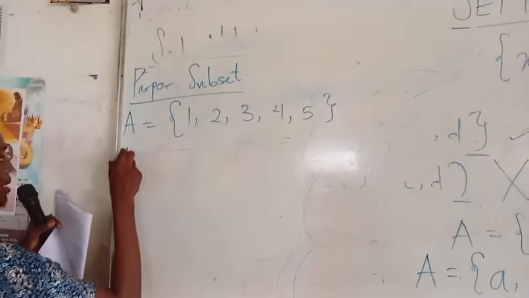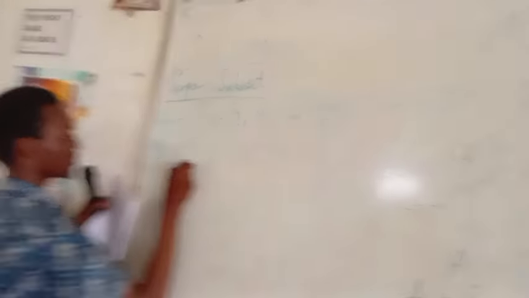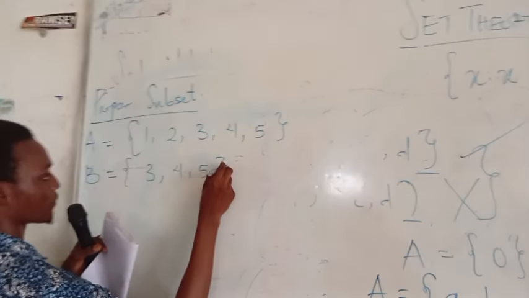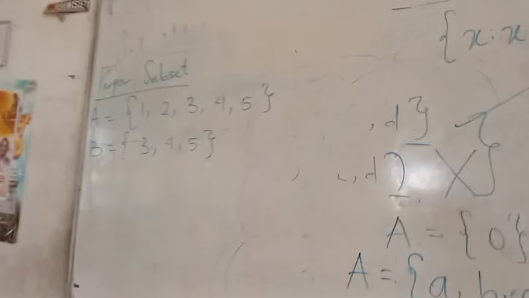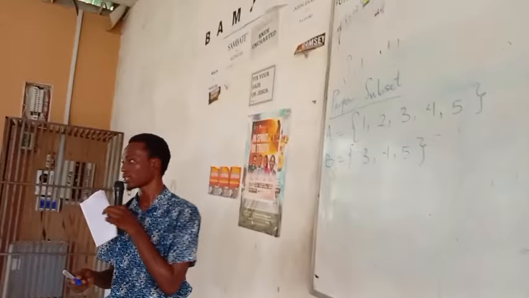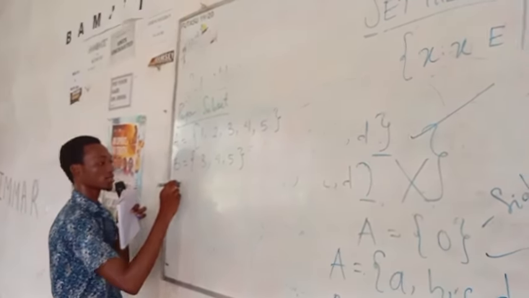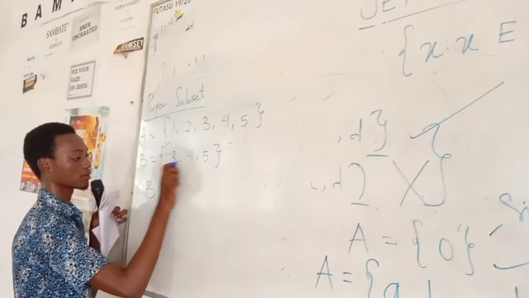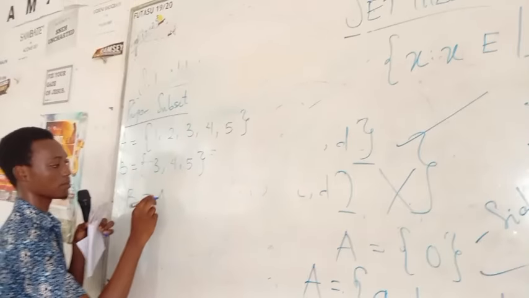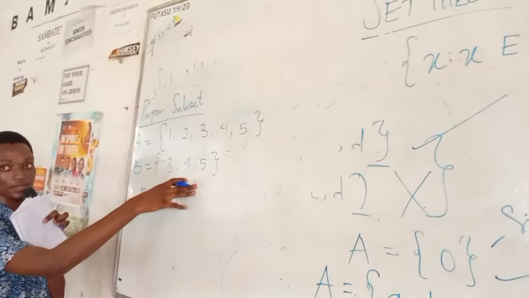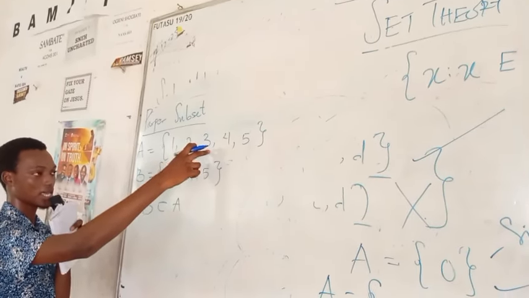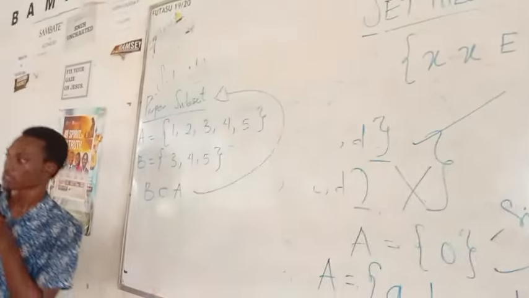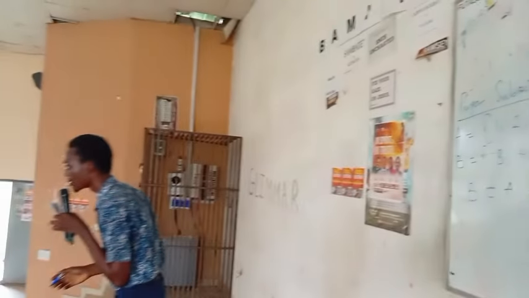And we have another set B to be 3, 4, and 5. Now, in reference to subsets, you can say B is a subset of what? Subset of A, because the elements in B are contained in A. And this type of set is called proper subsets. Do you all understand this?